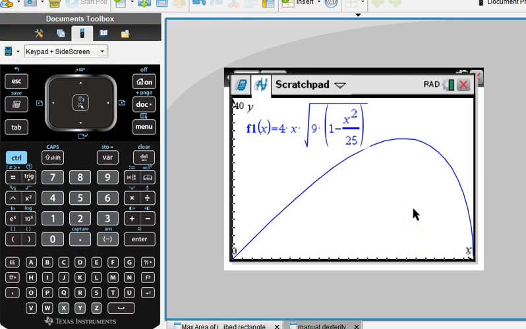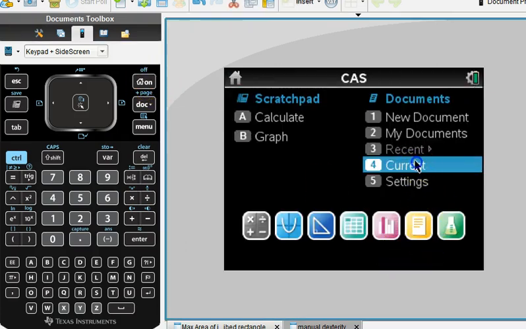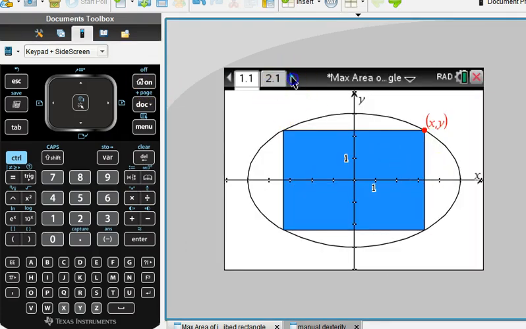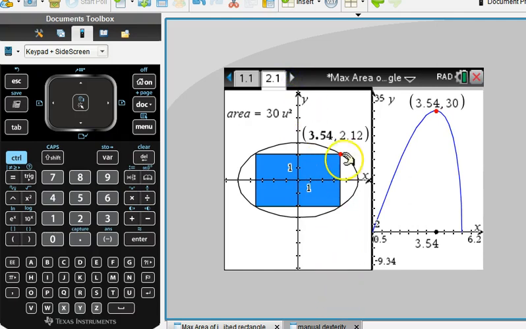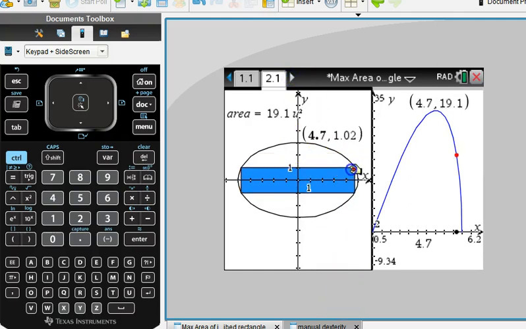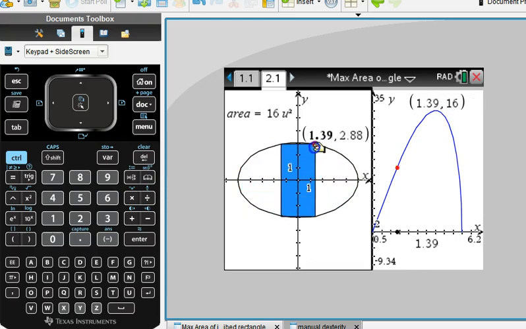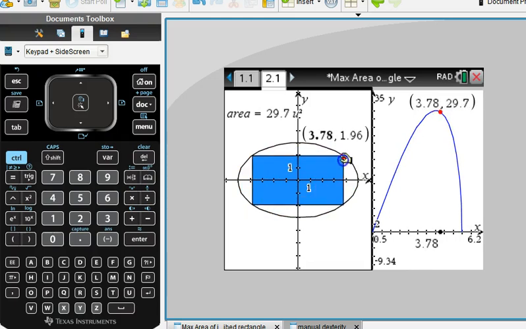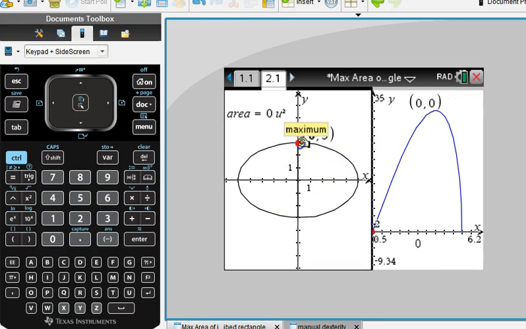Now, I want to show you what's actually going on here by looking at another part of this sketch. Okay, so here I have two graphs together. On the left I have my graph of my inscribed rectangle in this ellipse. What I have here is the graph that I just showed you, kind of a squished version of it, but notice if x is 0, the area is 0.